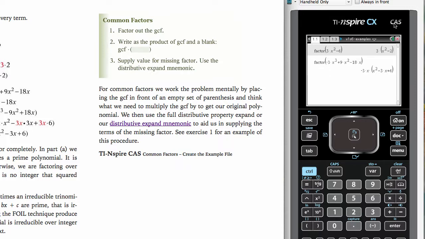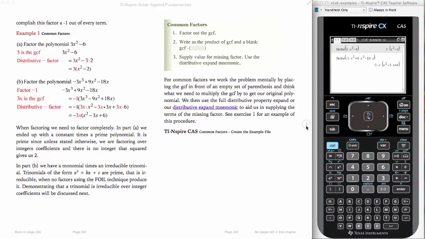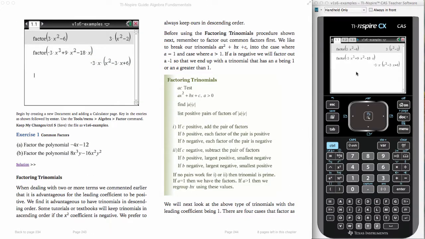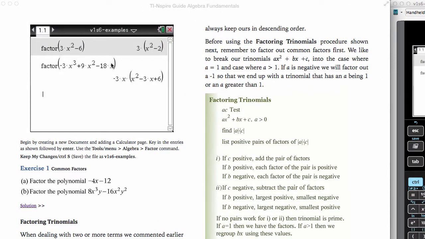Notice that it's the CAS calculator because we can only factor expressions on the CAS calculator. So let me turn the page, and when you turn the page, you see over here that when we factor 3x squared minus 6, it factors out the 3, and when we factor this one, it factors out the minus 3x.